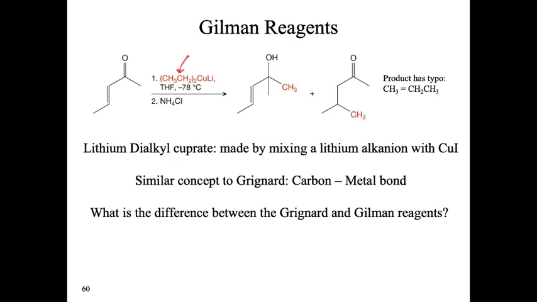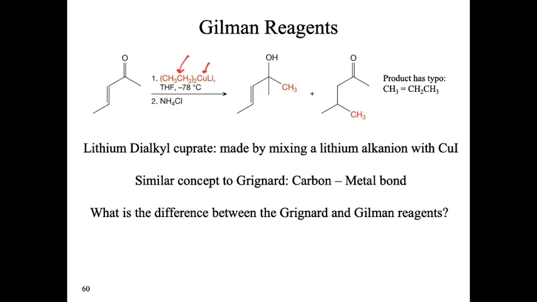You notice it looks a little bit ugly, and that's because this copper reagent is coordinating two organic compounds on either side. Okay. So we get two negatively charged carbons. Very similar to the Grignard. We get a carbon-metal bond, which means I get a carbon nucleophile.